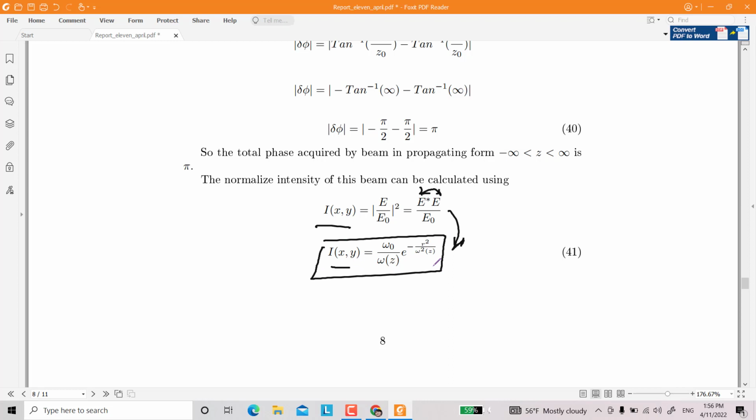All the phases appear due to the propagation along the z direction, so all those phases are cancelled. So the intensity which is left is along the x and y axes. So you get the intensity profile of the beam to be a Gaussian function. And the amplitude of intensity is basically attenuated as 1 over omega of z.